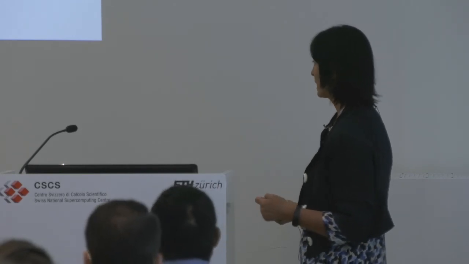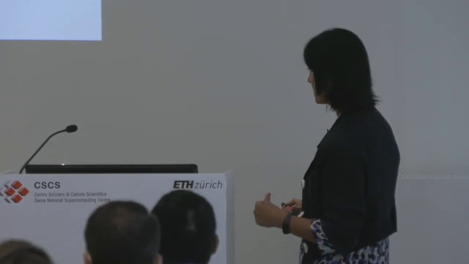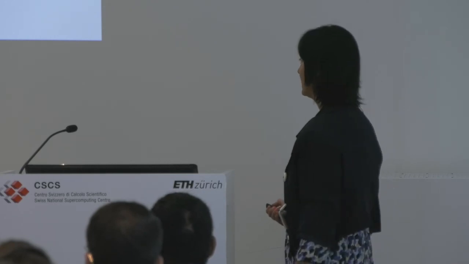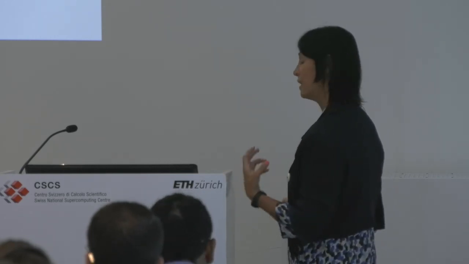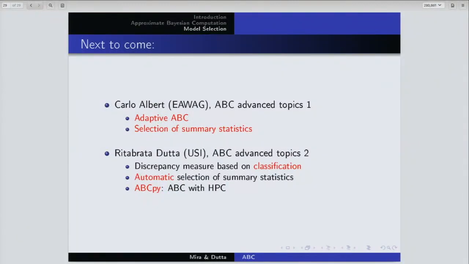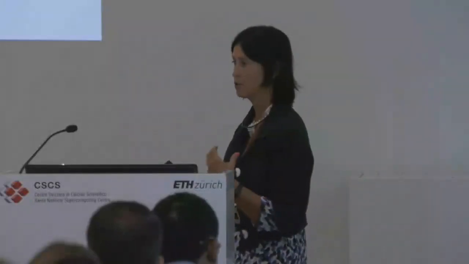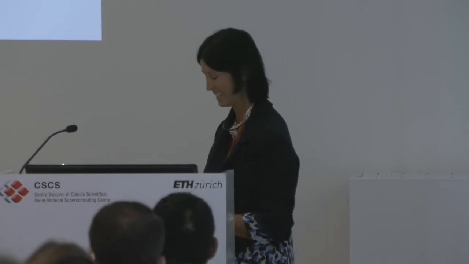And then Rito will continue with advanced topics on ABC by telling you how classification tools can be used to define a discrepancy measure, this row distance, and how you can automatically select summary statistics. And we'll also introduce ABC Pi, which is a Python suite that Rito and Marcel have built, and that runs on the HPCs of the CSCS.